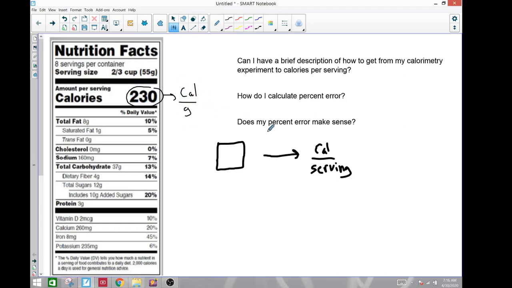We want to make sure we're comparing the same values. So the question is, how do I get my experimental data from what I have from the lab to the calories per serving?